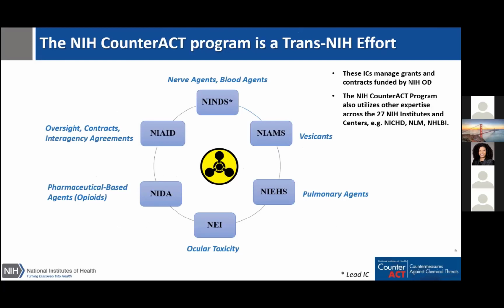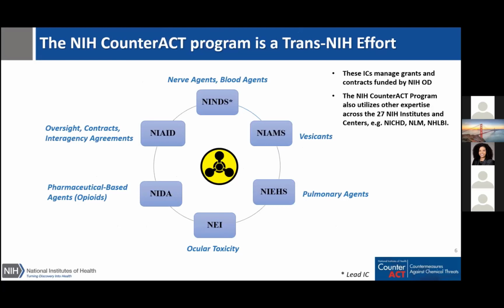So you might imagine this needs to be a truly trans-NIH effort. Because of the diversity of chemicals and their effects, several other NIH institutes and centers participate in the program based on their expertise needed to cover things like ocular, skin, pulmonary, and other effects of the chemicals we study.